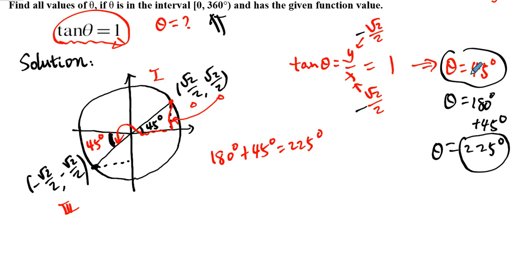Tangent theta is positive in quadrants 1 and 3. In quadrants 2 and 4, tangent theta will be negative. The reason is that x is positive, but y is negative.